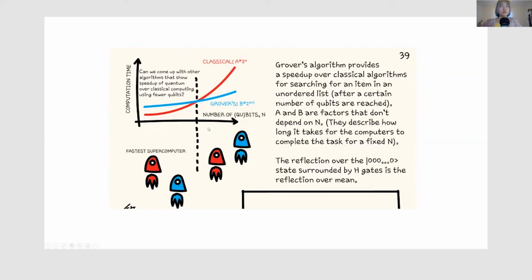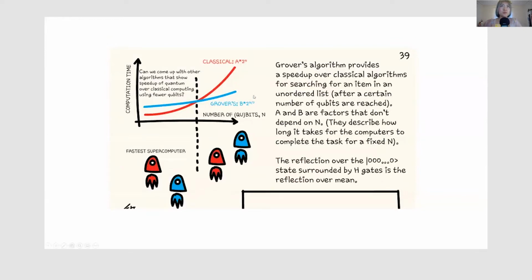So we don't quite know the exact number that's needed, where this will occur. It depends on a couple of things. So the classical versus quantum, these are the scaling factors, but we don't exactly know the factors for the supercomputer or quantum computer because we don't quite know what would be the best kind of supercomputer and the best kind of quantum computer yet.